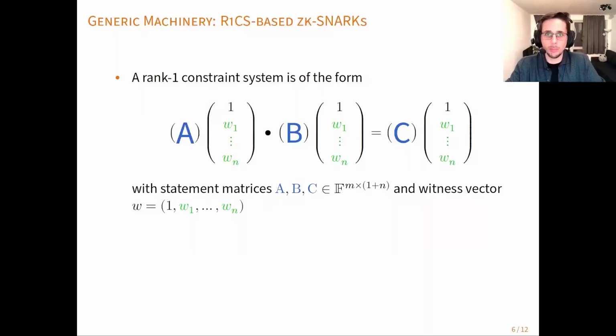And then the statement that one has to prove for a constraint system is: if one takes the matrices A, B, and C and takes the matrix-vector product with the vector 1 and the witness, and then takes the component-wise product of the first two results, then this should equal the third result.